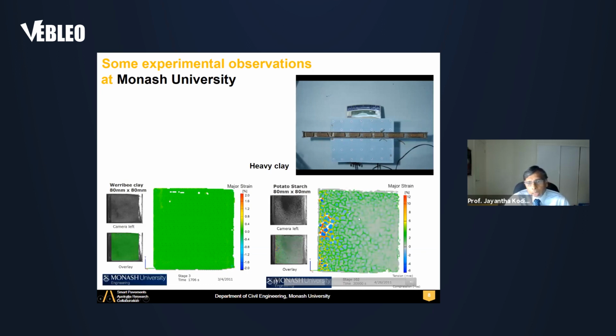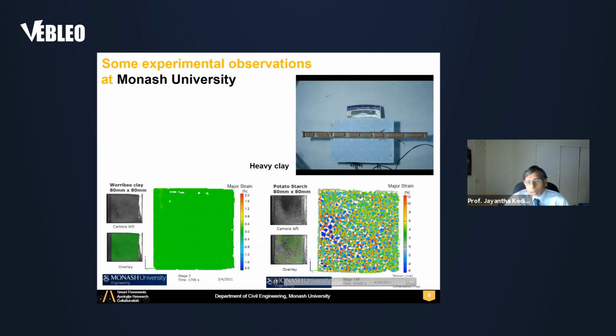And on the right-hand side, you see potato starch undergoing drying in a box. Because potato starch has a certain fracture energy and particle size distribution, it undergoes cracking simultaneously and shows a non-orthogonal crack pattern, like hexagonal crack patterns or close to that. So the formation of crack patterns is a function of the particle size and the energy required for cracking.